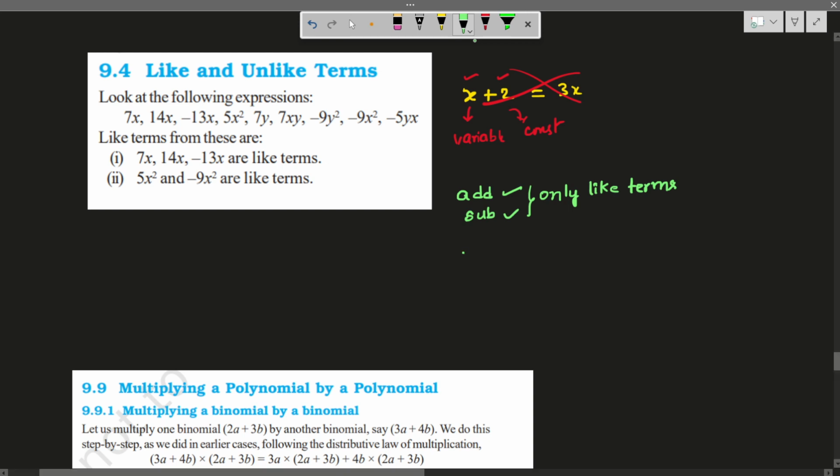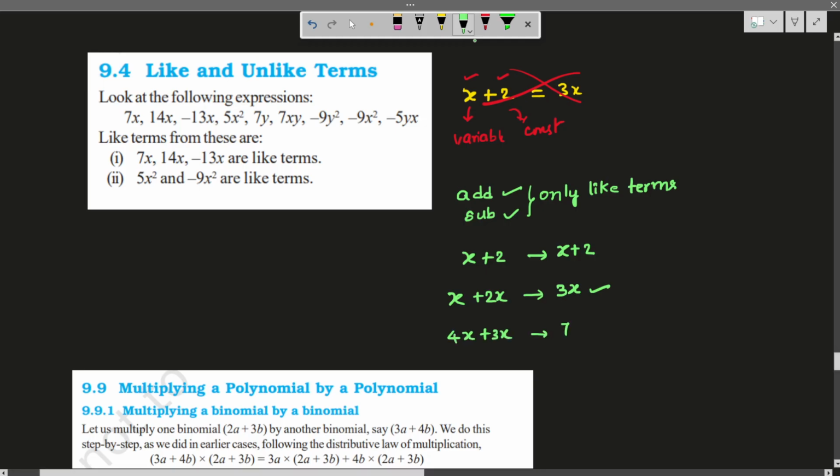So x plus 2 should be left as x plus 2 only, whereas x plus 2x can become 3x. 4x plus 3x can become 7x.